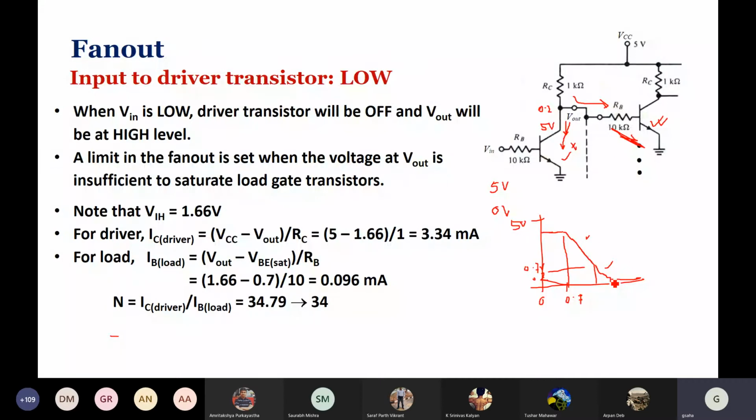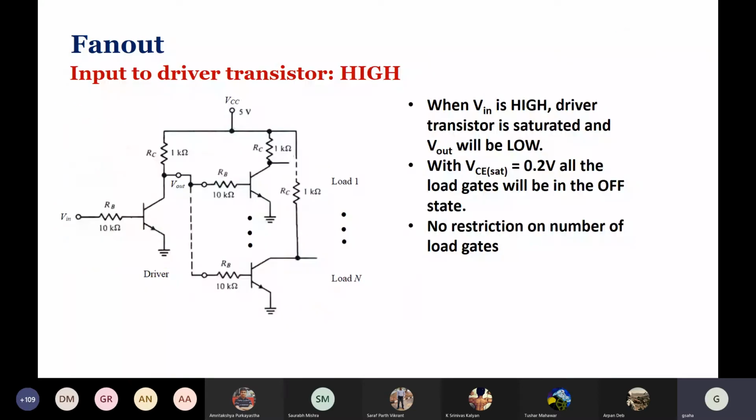And one thing that we have noted is that if the input is high, output is low, we can connect as many load gates as we like, there is no issue. But the other thing that we observed from one single transistor study, a single such gate, similar device, connected to the load, is that this output is coming down from 5 volt to some other value.